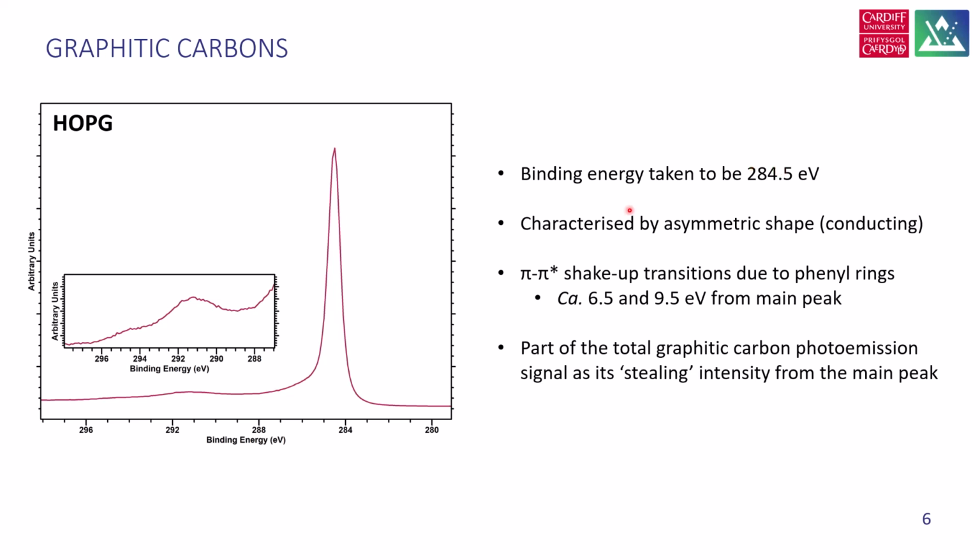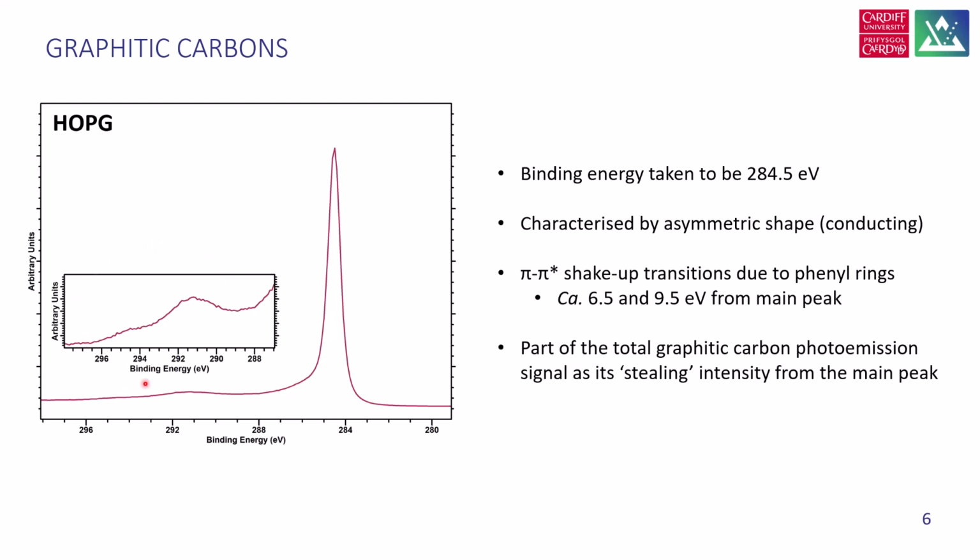Graphitic carbon is characterized by an asymmetric shape, which arises because that carbon is conducting. So instead of a single Gaussian-Lorentzian type peak, we have asymmetry to the higher binding energy side, and that leads into the shake-up satellites.